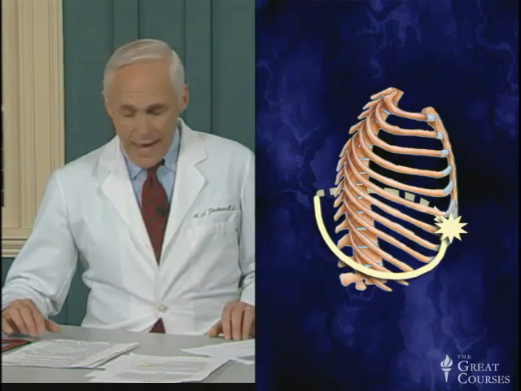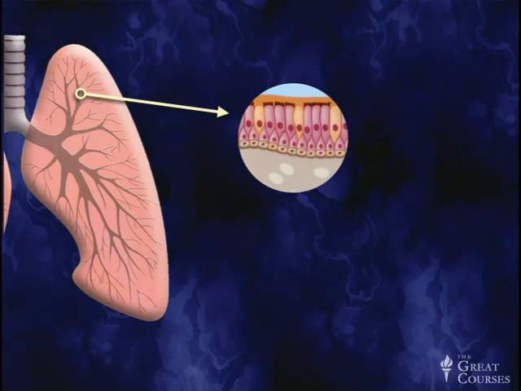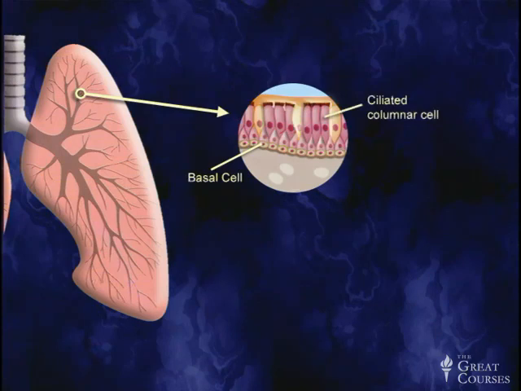I want to come back and look at something I mentioned in the last lecture just very quickly, and that is the tracheobronchial tree and its lining. This is the lung, and here's a representative section of what I told you about last time. It is lined with these basal cells and then what are called columnar cells, which are ciliated. They have hair.